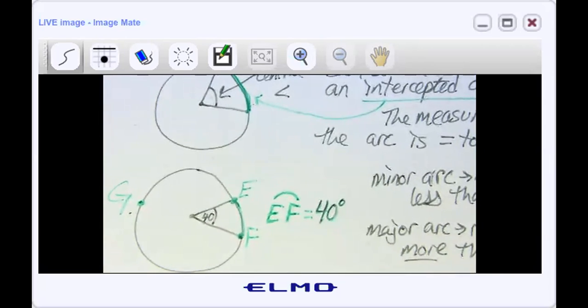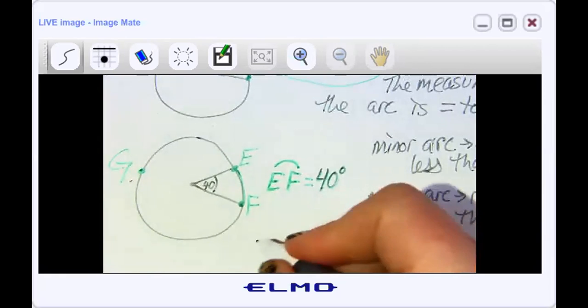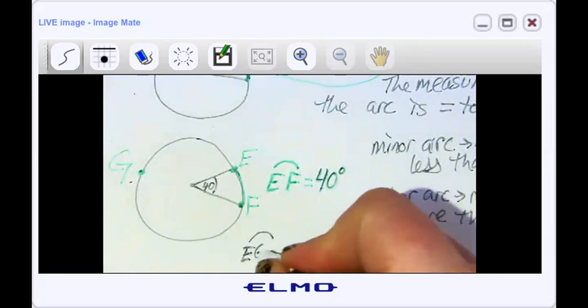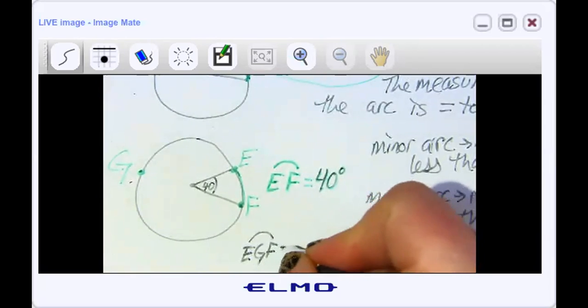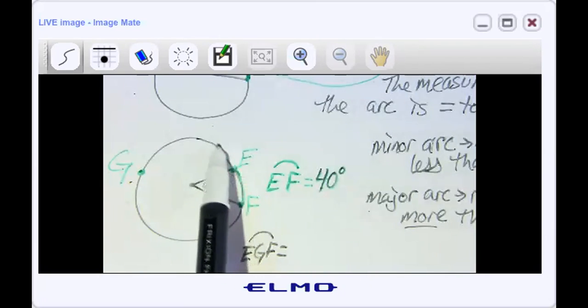Okay, so let's name this major arc. Arc EGF, just like that. Can anybody tell me what its measure would be? What would have to be the measure of this whole thing? EGF. 320?